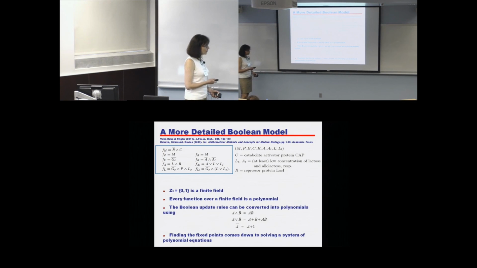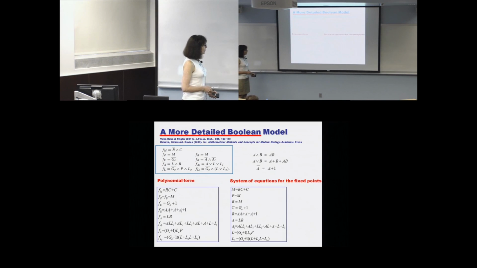So finding the fixed points comes down to solving a system of polynomial equations. And to do this, here is the translation. For this model, I've used those rules and translated it into a polynomial form. For each one of those operations, you apply those rules. Then to find the fixed points, you simply replace f_m with m and so on. And so here is your system, and it's a system of polynomial equations.